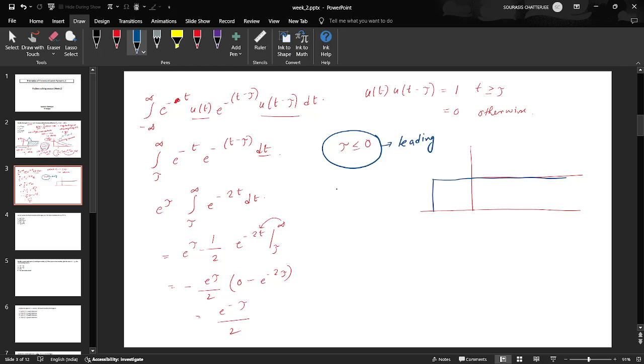So basically you will have this is u(t), and this one here is u(t plus tau), and it starts from minus tau.